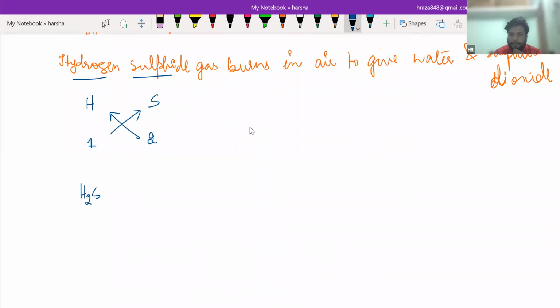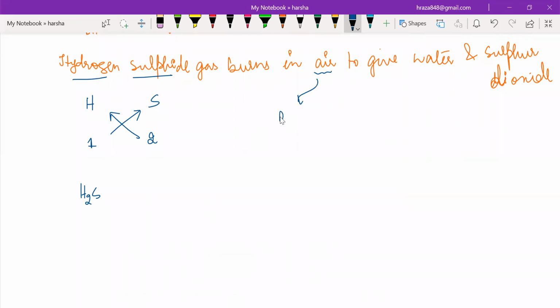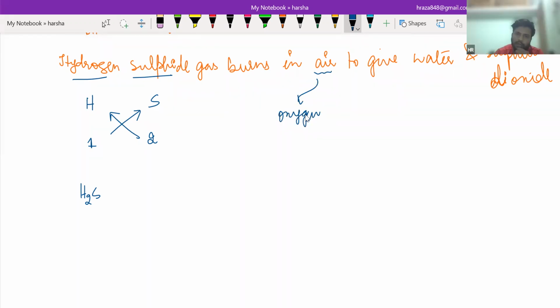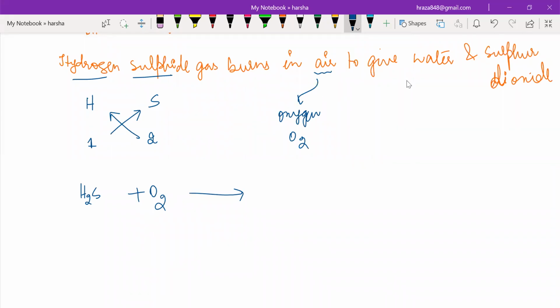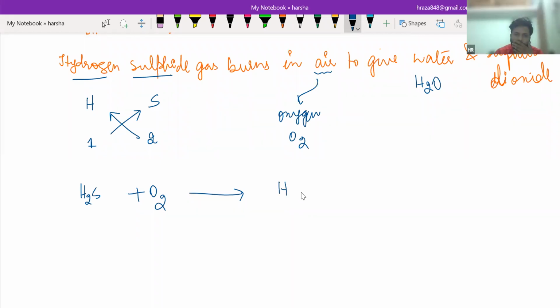Now see, air means oxygen, and oxygen is a gas, so it will form O2. So it will react with O2 to give water. Do you know the formula of water? H2O. So it is giving H2O and then sulfur dioxide, that means sulfur and oxygen.